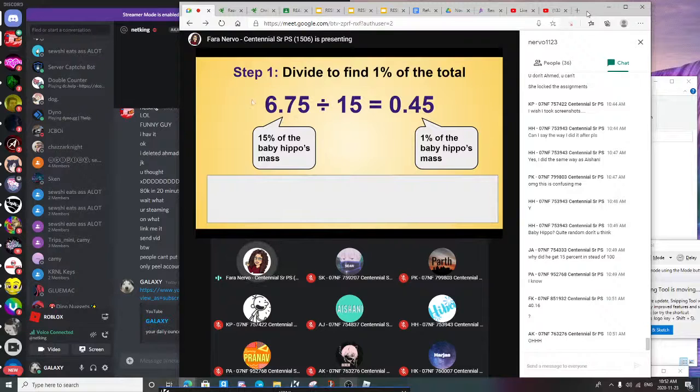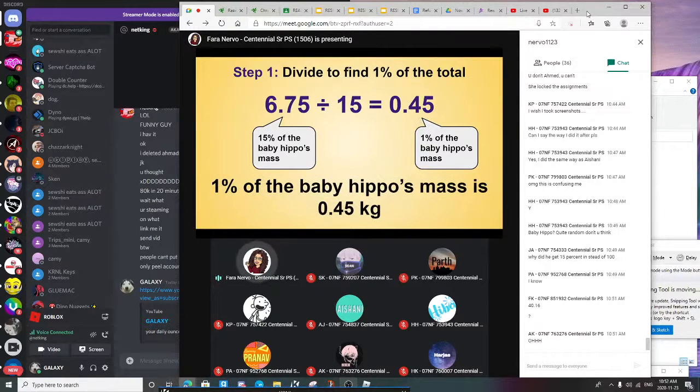This number here that I'm circling is 15% of the hippo's weight, and this is 1% of the hippo's weight. So 1% of the baby hippo's mass is 0.45 kilograms. So we know what 1% is. Now we need to know what 100% is, because it's asking how much the baby hippo weighs in total.